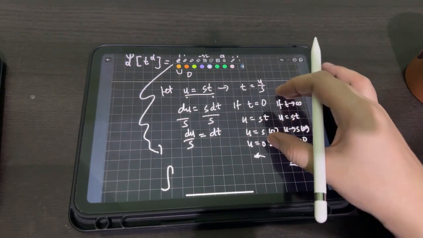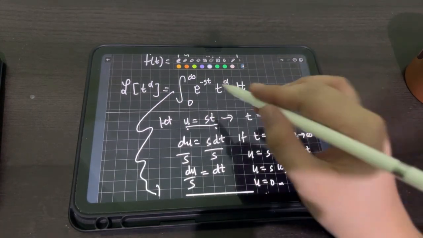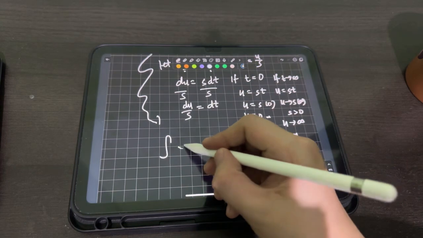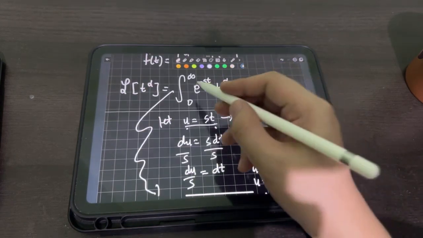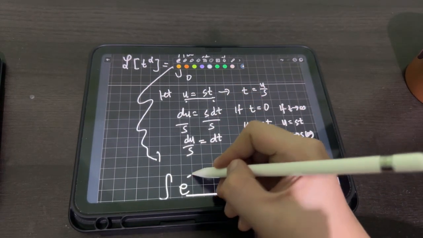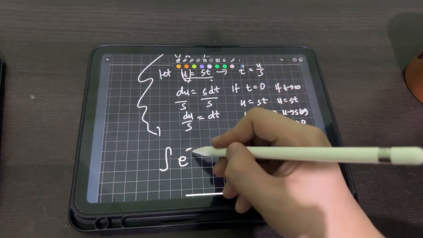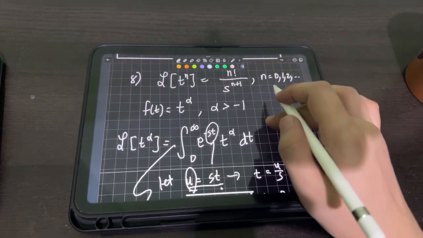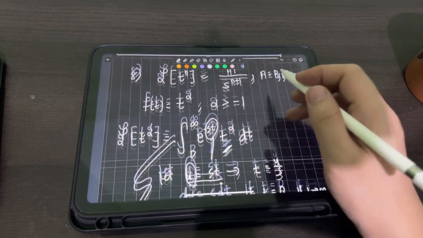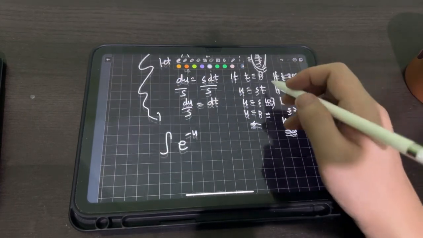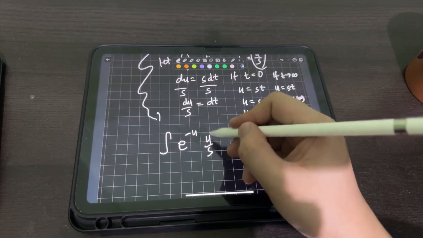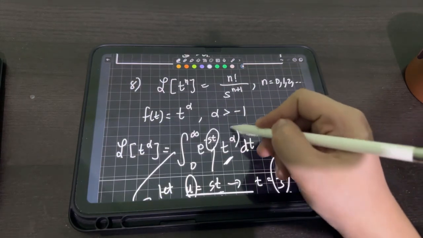this will be the integral of e to the negative st, which is u, right? And t is, what is t? u over s. u over s raised to alpha.